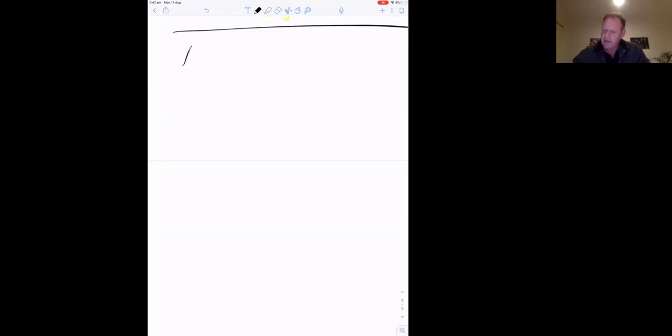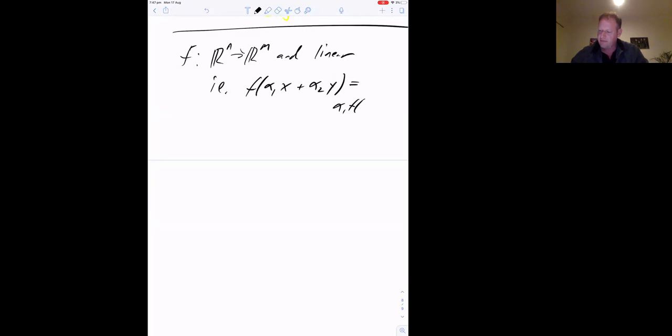So if f is a function from R^n to R^m, and linear, i.e. f of the scalar alpha 1 times some vector x plus alpha 2 times some vector y equals alpha 1 f of x plus alpha 2 f of y.